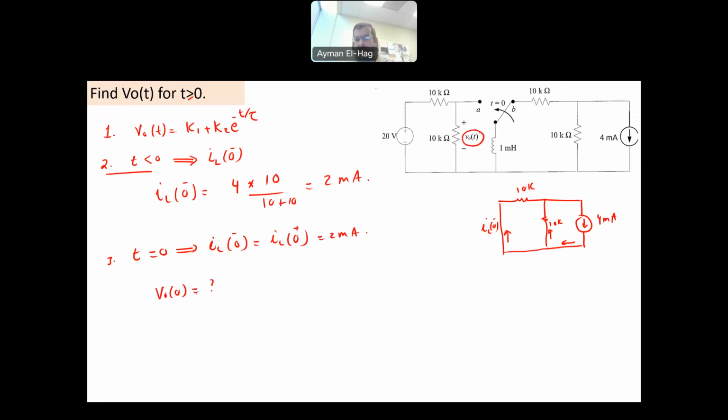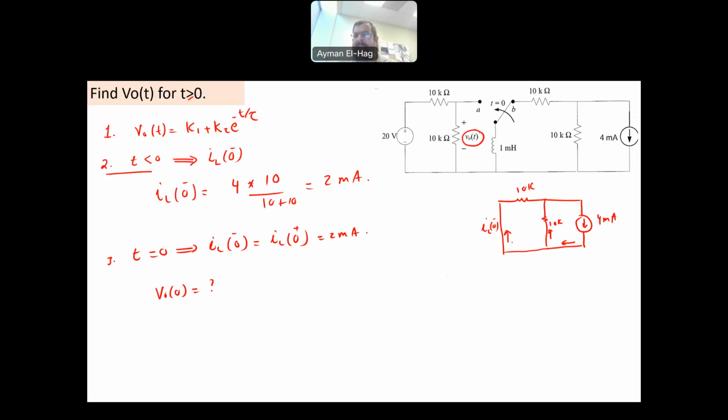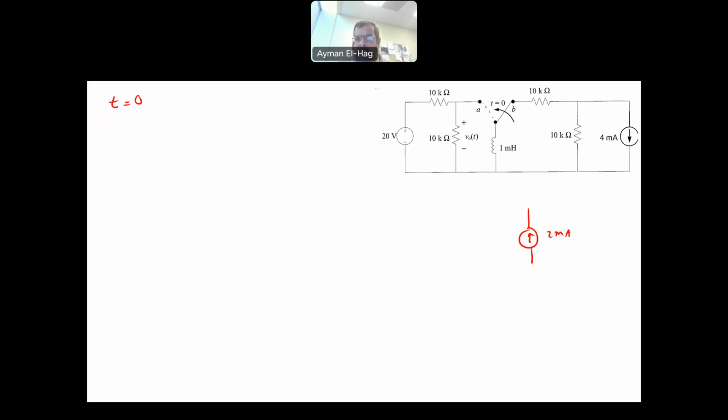So the switch is now moving in that direction, and the inductor will be modeled as a current source of 2 milliamps going in the same direction as before. Then we have here 10 kilo, and here is the output voltage I am interested in finding at 0 plus. This is your 10 kilo ohm, and this is your 20 volt.